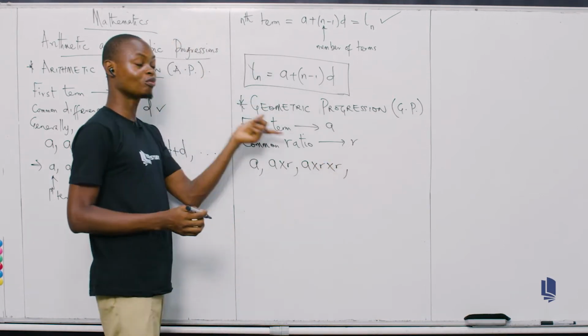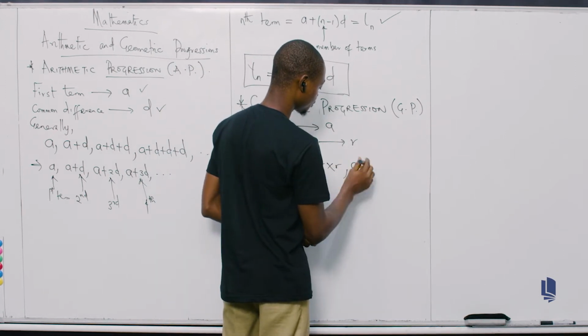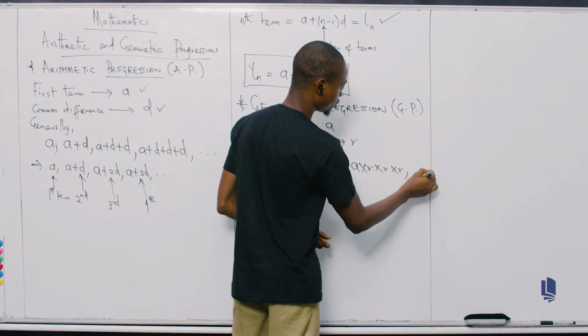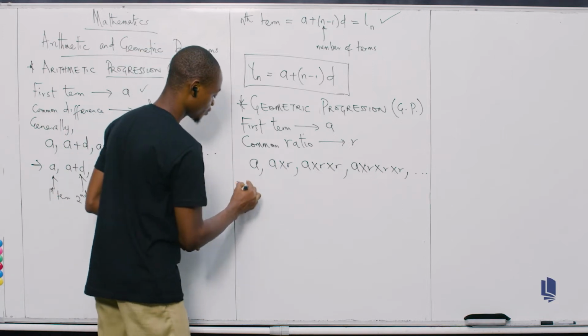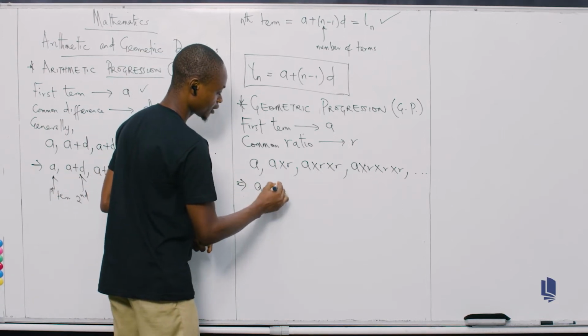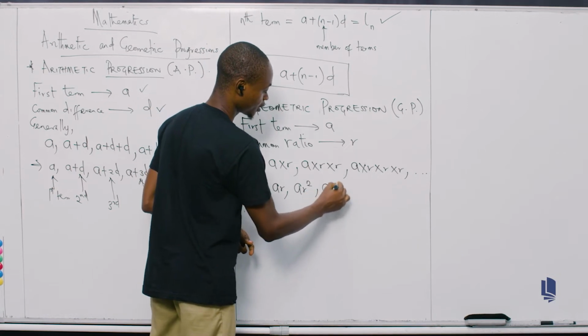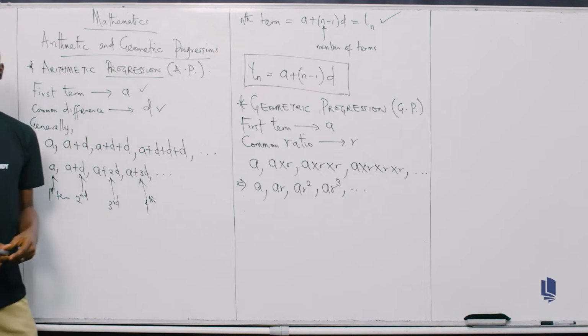Whenever I multiply the common ratio with the third term, I will get the fourth term, and so on and so forth. So if we combine this, what would we have? A, AR, AR squared, AR cubed, and the list is endless.